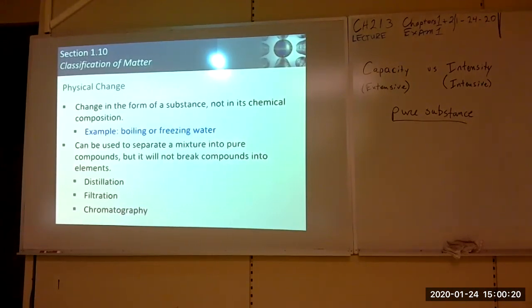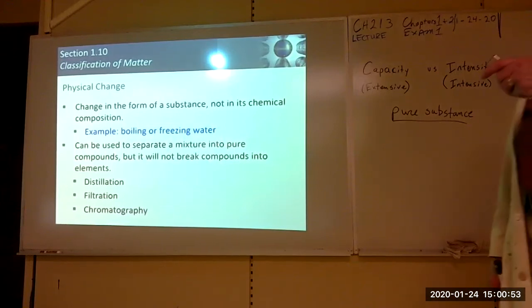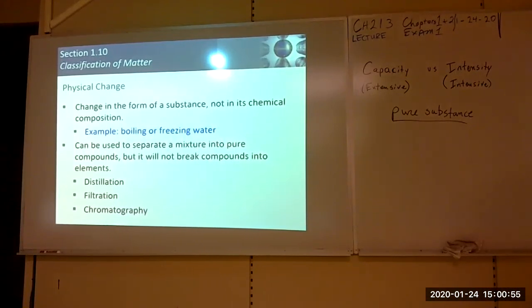Okay, what's a physical change? It's basically the change in the form of a substance without changing the nature of the substance, like boiling water, freezing water. You still have water, it's just a different form. Right? And if you have a mixture, you can use physical changes to separate the mixture.